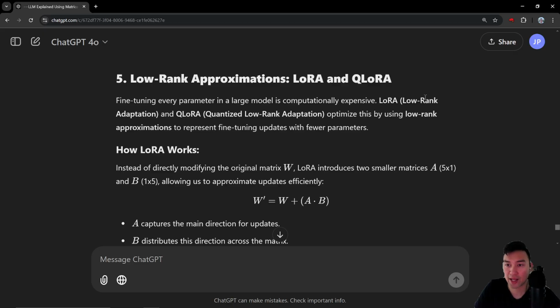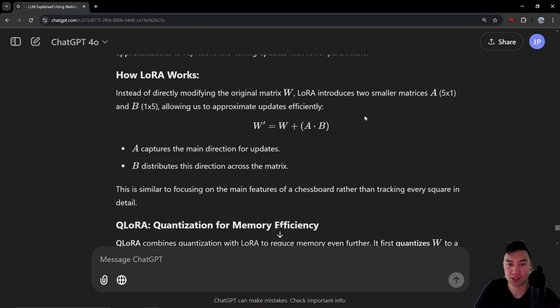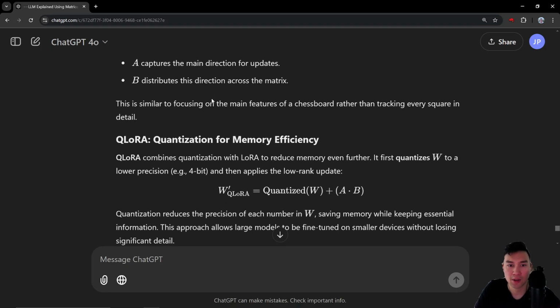But low rank adaptation and quantized low rank adaptation optimize by using low rank approximations to represent fine tuning updates with fewer parameters. Instead of directly modifying the original matrix W, low rank adaptation introduces two smaller matrices, A, which is 5 by 1, and B, which is 1 by 5, allowing us to approximate updates efficiently.